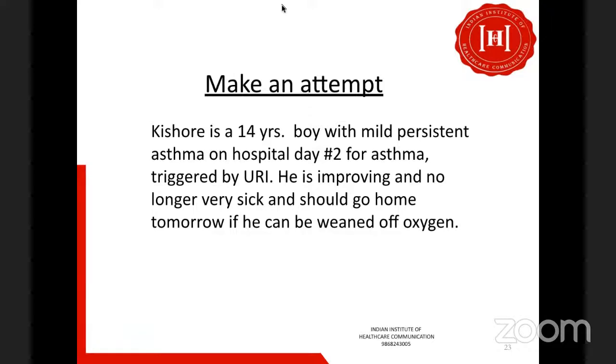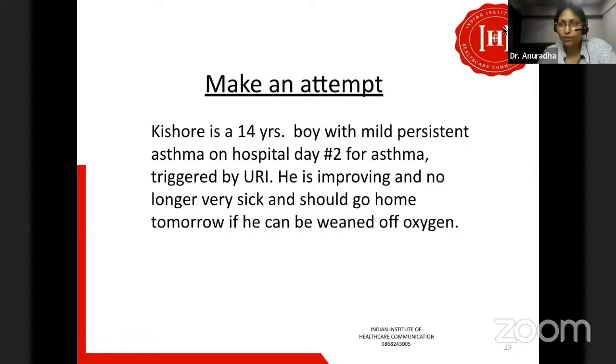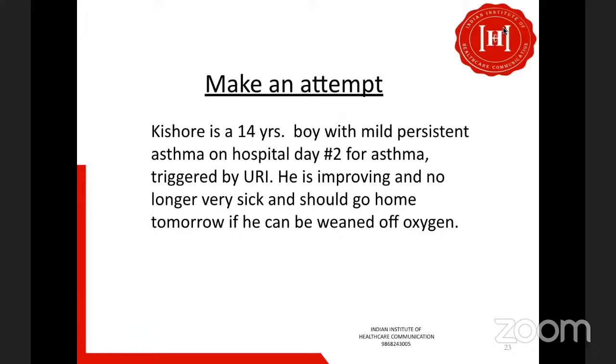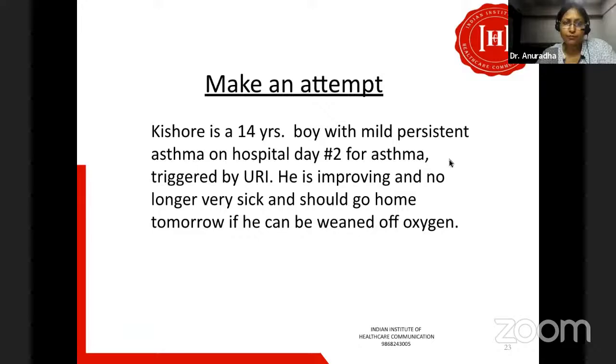Okay. Purpose is to discharge. Okay. Now you see, again, we are majorly talking about what is going on and then what is the plan. This is very true. This is plan. But plan is to wean off, you said, Dr. Indu? Yes, plan is to wean off. Purpose is to discharge, okay.